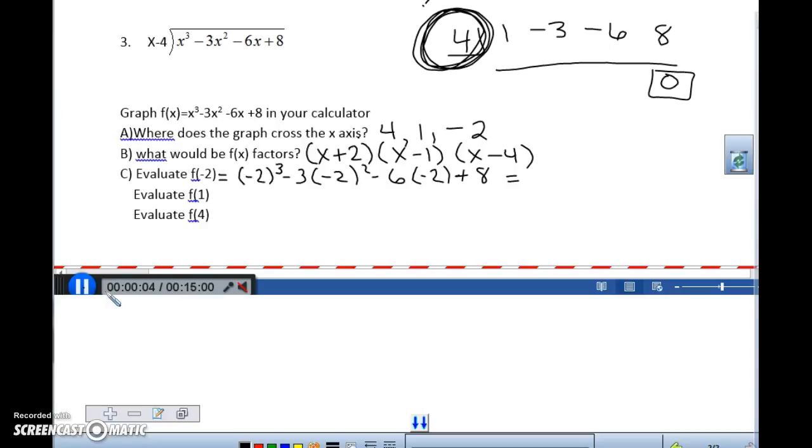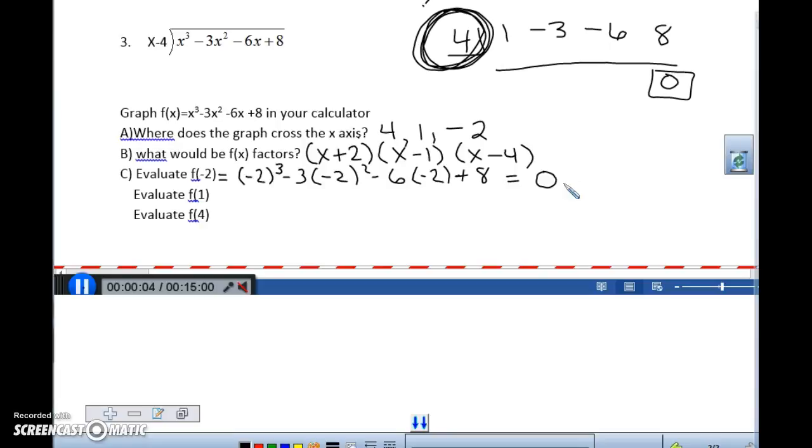What did we get when we evaluated it? Did you get 0? Yeah. That's a point on the graph. Negative 2, 0 is a point. It's an x-intercept.